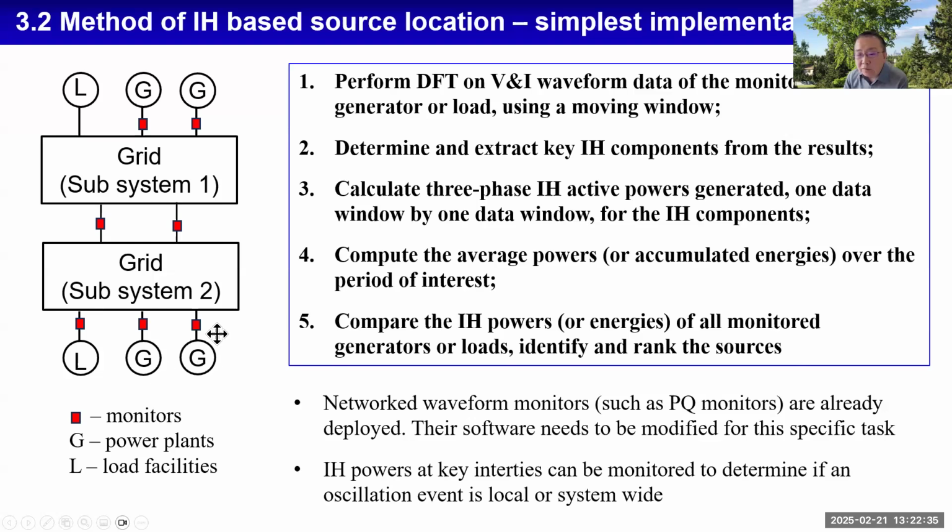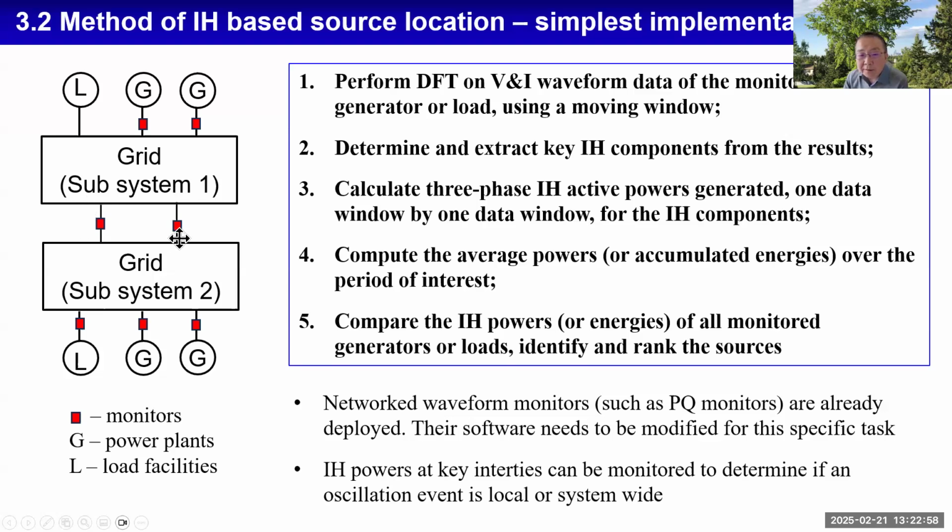The networked monitors are actually available already. For example, power quality monitors can record interharmonics, but the current recording practice is based on the IEEE standard. So the software needs to be modified for this specific task to compute interharmonic power.